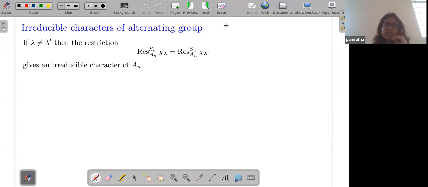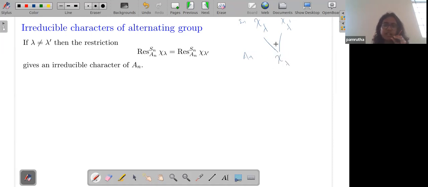When I restrict chi lambda or chi lambda prime from Sn to An, both restrict down to the same irreducible representation in An.